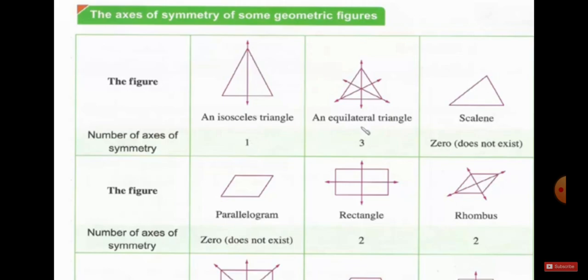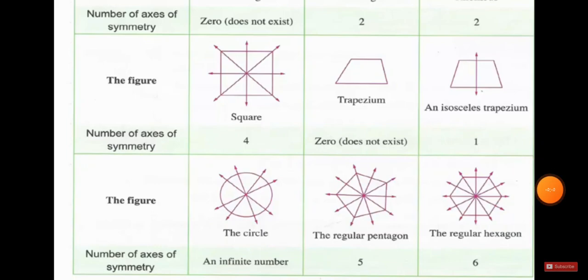A rectangle has 2 axes of symmetry, and a rhombus has 2 axes of symmetry. A square has 4 axes of symmetry. A trapezium has 0 axes of symmetry. An isosceles trapezium, like an isosceles triangle, has only 1 axis of symmetry. The circle has an infinite number of axes of symmetry.